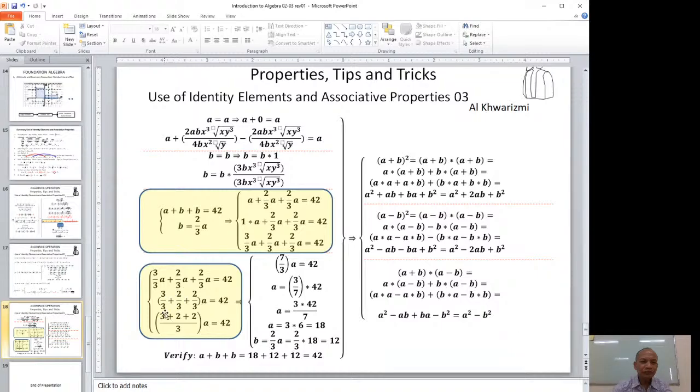So 3 plus 2 equals 5, and factor A equals 42.